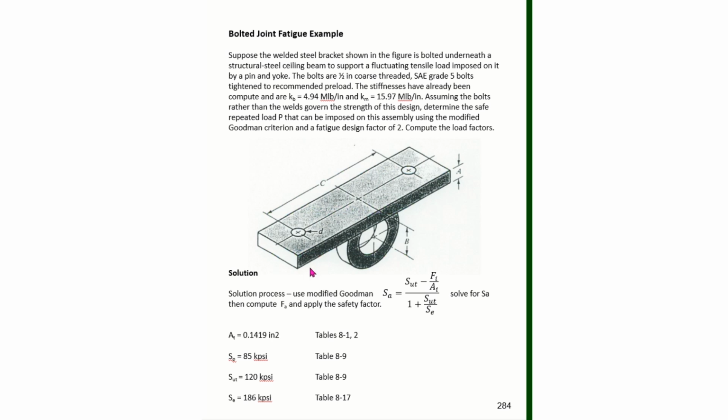The solution process is we will use the modified Goodman expression for our failure, solve this expression for SA, and then compute the alternating force and apply the safety factor. Looking up the bolt in the tables, we can get AT, SP, SUT, and SE from these tables here.